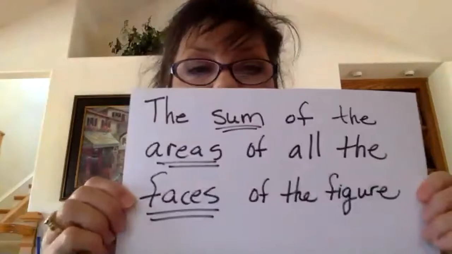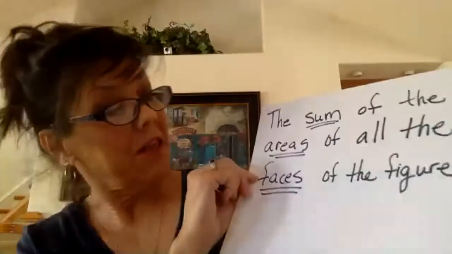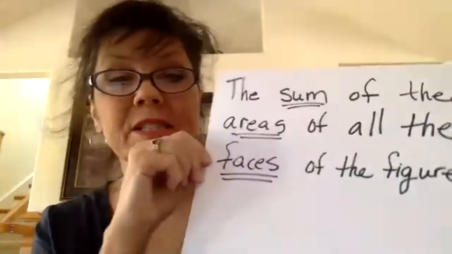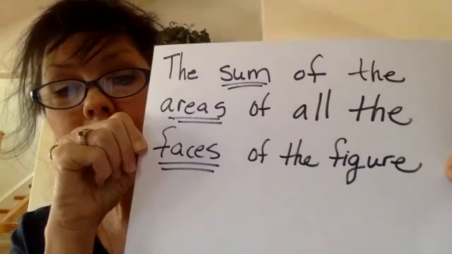And this is what surface area is, because it does not involve one flat surface. Surface area is the sum of the areas of all the faces of a three-dimensional figure. So none of this is new material.